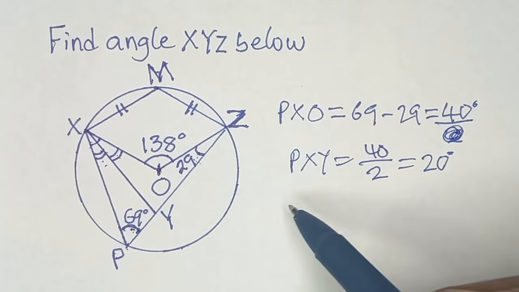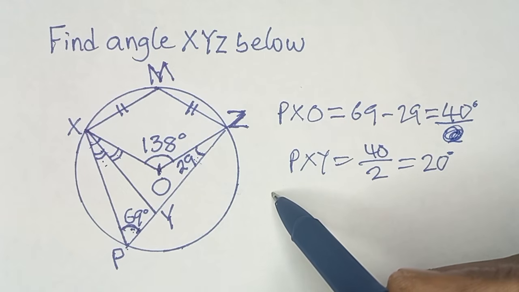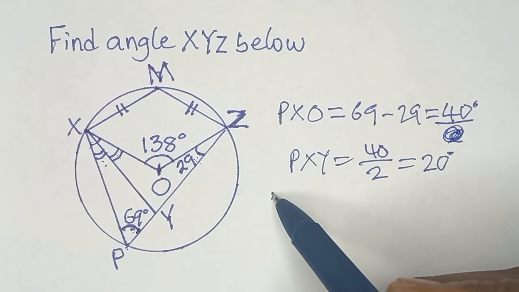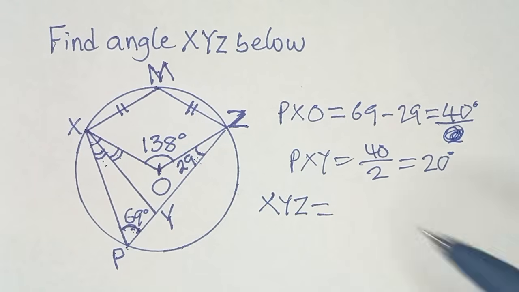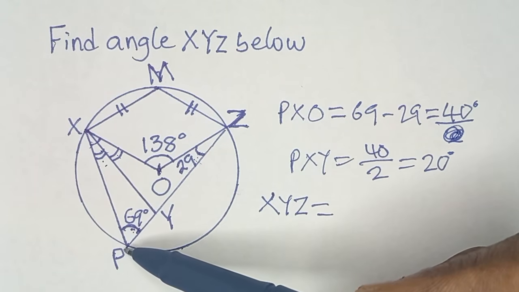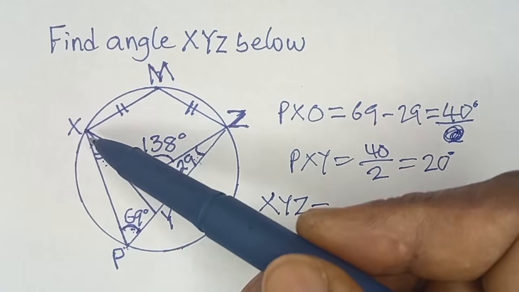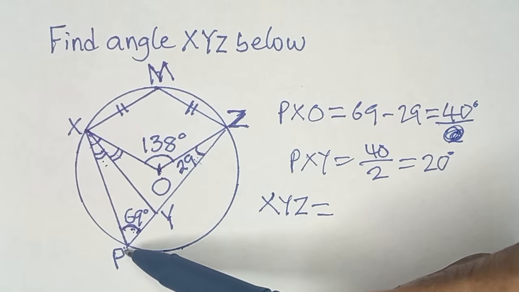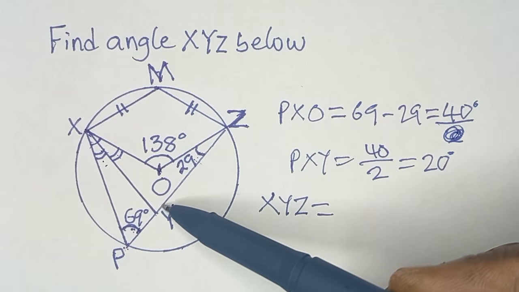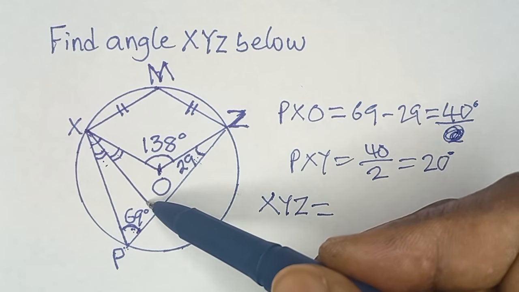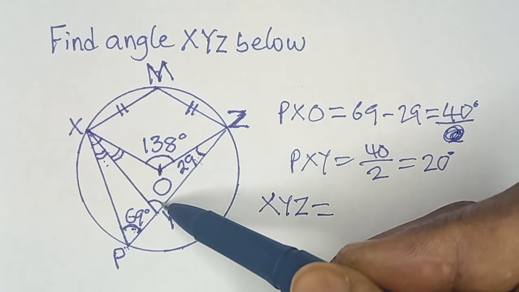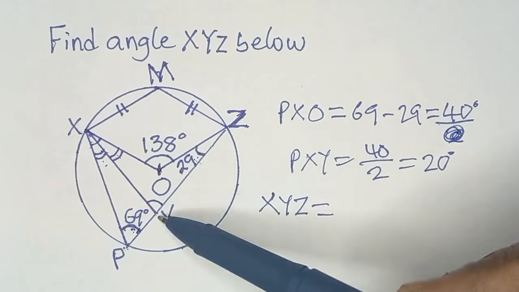Then finally, for us to get the angle that we have to look for, that is angle XYZ, we're going to use a special rule here. Don't forget, in this triangle PXY, this line PY is extended outward to form this angle here that we are looking for. That is angle XYZ.